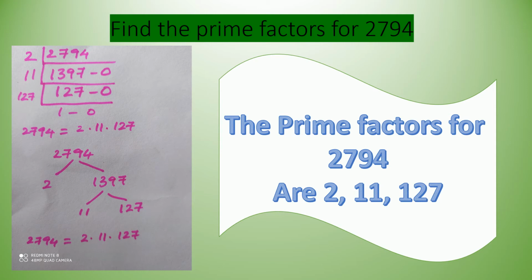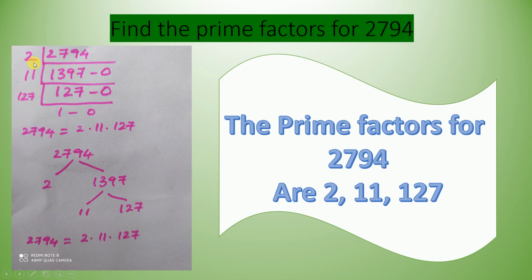You select the prime numbers as the divisors starting with 2. So the number is divisible by 2. 2 times 1397 is 2794. Here the remainder is 0. 2 evenly divides this number.